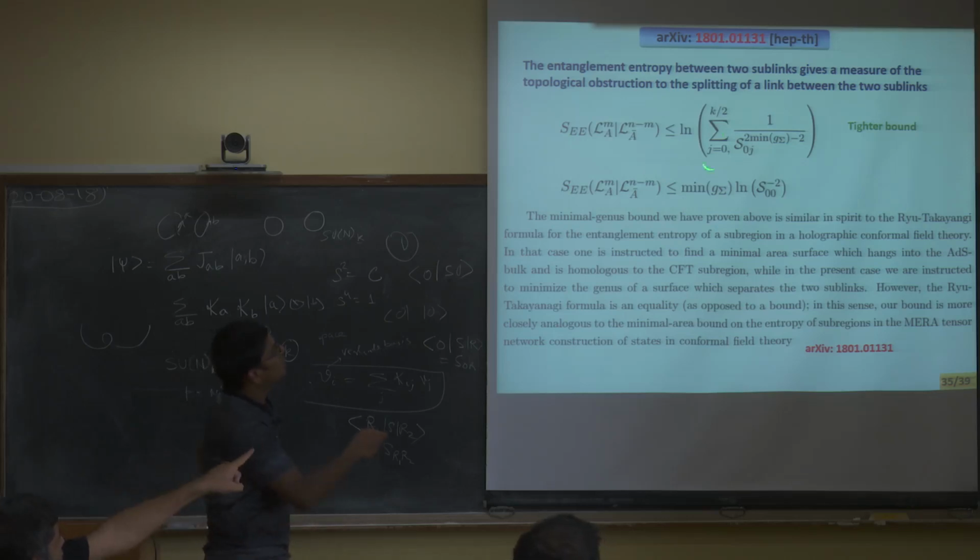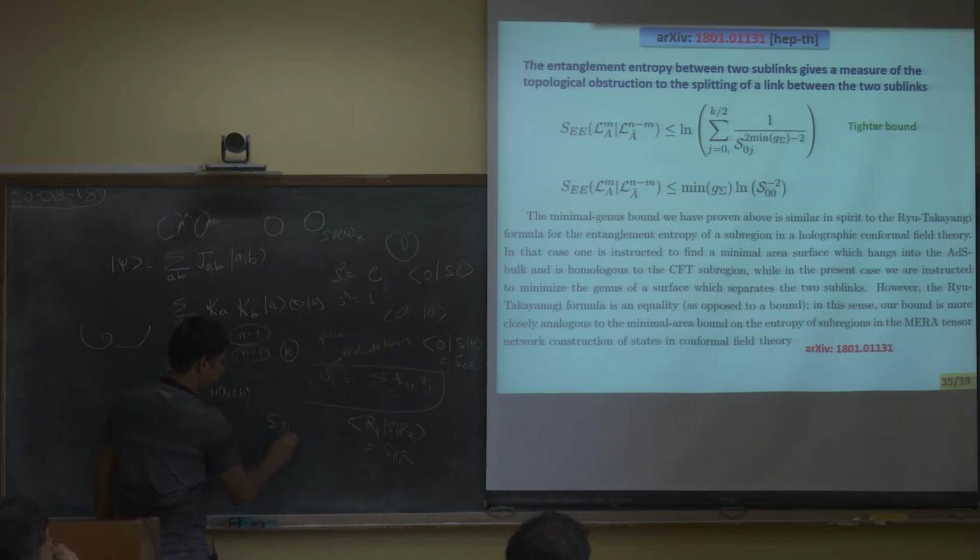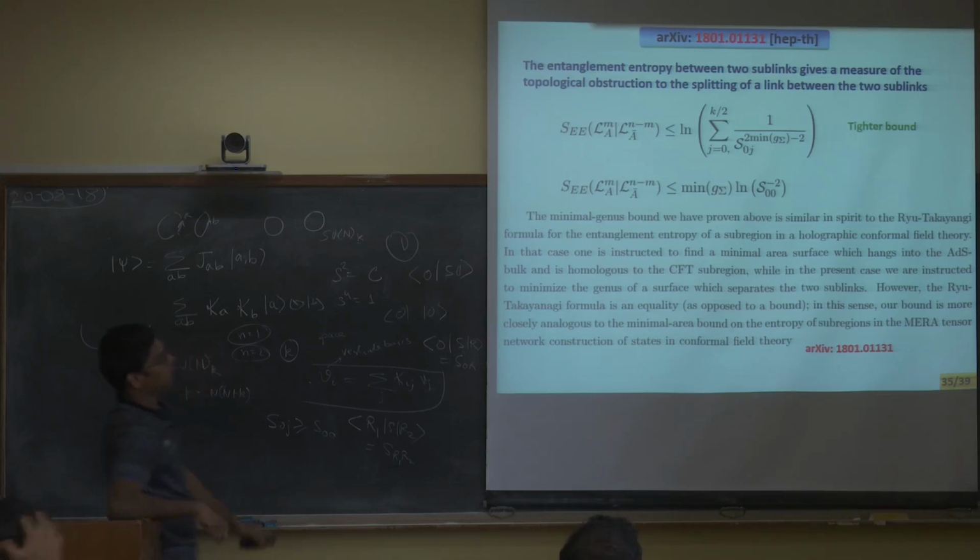If you take the log of that, you get this. From here to here, they have used the condition that S0j is always greater than or equal to S00 for any j. So they have tried to relax the bound and get this result. And there's a factor of 2 with min g, so the log to the minus 2. So yeah, fine.